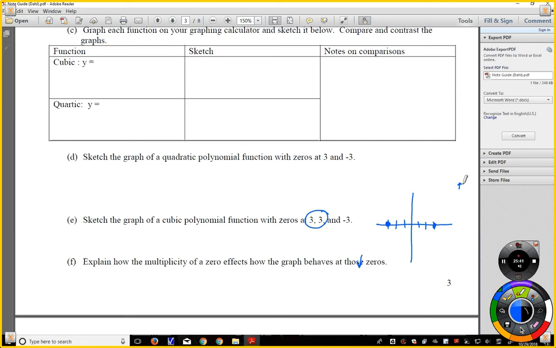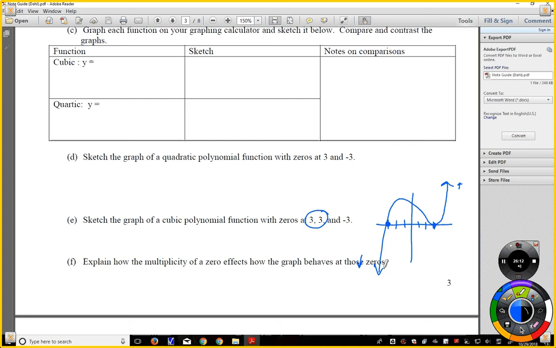This 0 at negative 3 had multiplicity of 1. It should cross straight through. But the 0 at positive 3 has multiplicity of 2. How should it behave at that 0? Yeah, it should be a turning point at that 0, okay? So I'm going to go through this one, but at this one, I'm going to make sure it makes a turning point. And so there's something that's a cubic, different directions with the end behavior.